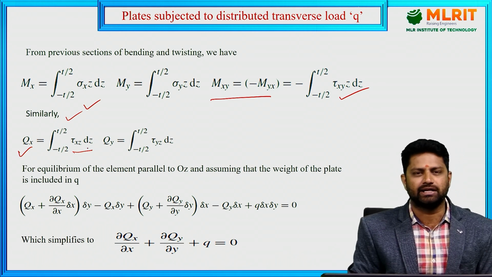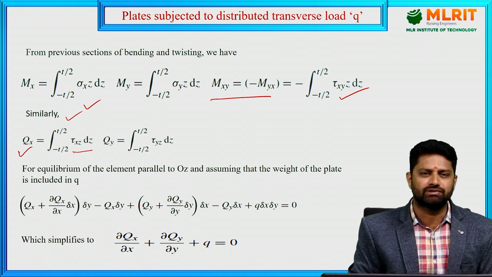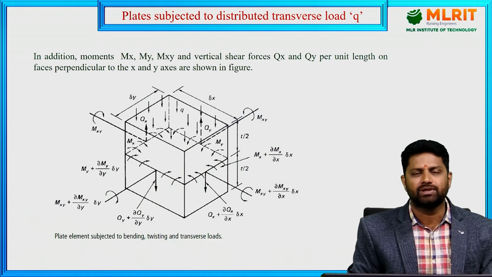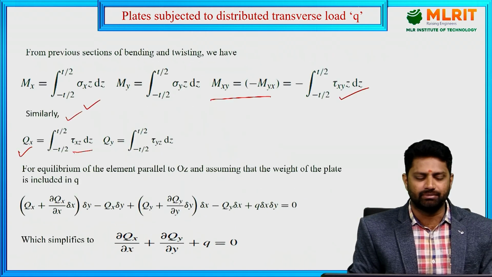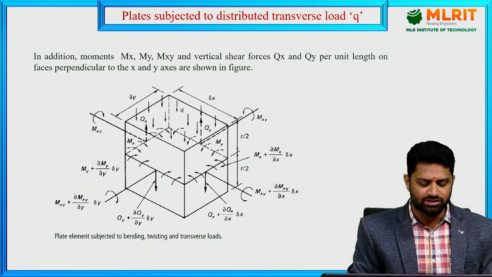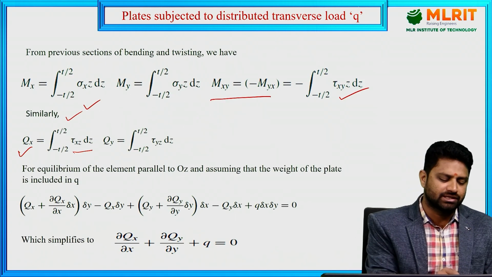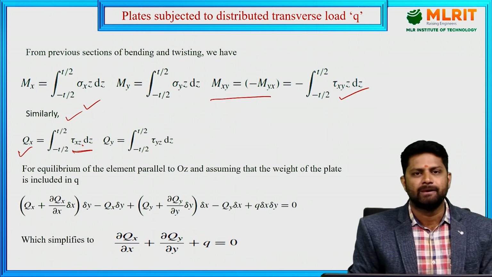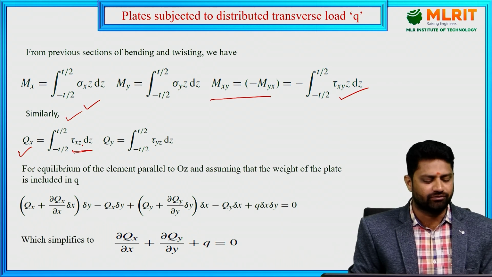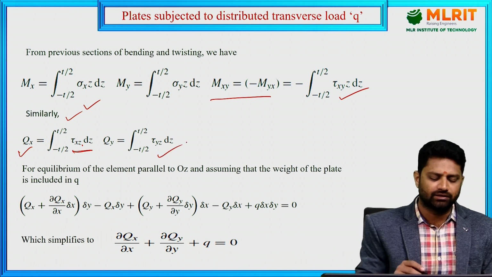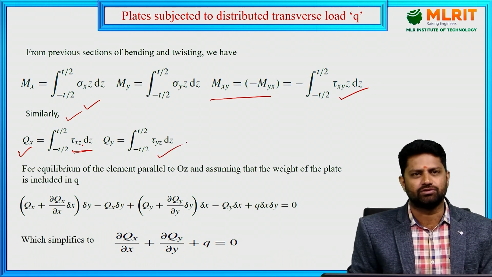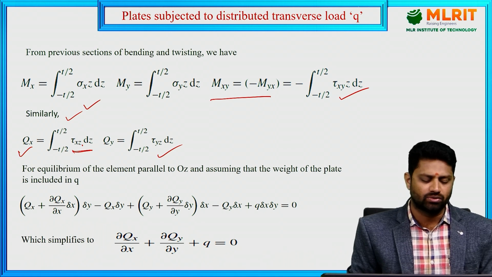We are writing this equation with the help of the previous diagram, taking one small element that induces shear stresses. The shear stress, when multiplied with dz, becomes the shear force per unit length, and when integrated, you get the shear force. Similarly, on the other edge, we can represent the shear force qy, which is the integral from minus t by 2 to plus t by 2 of tau yz into dz.